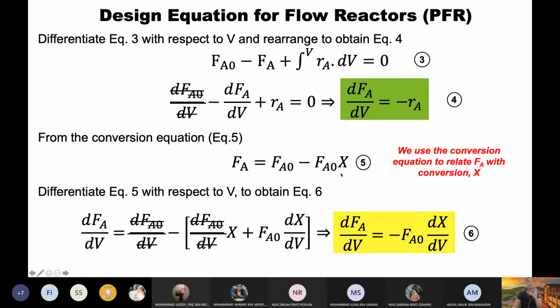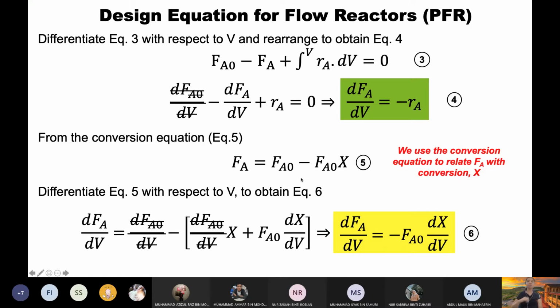Bila saya differentiate, saya dapatlah dalam bentuk dFA per dV in the form of X. So what I do is I will differentiate FA towards V. So become dFA per dV on the left hand side, and I differentiate on the right hand side as well.